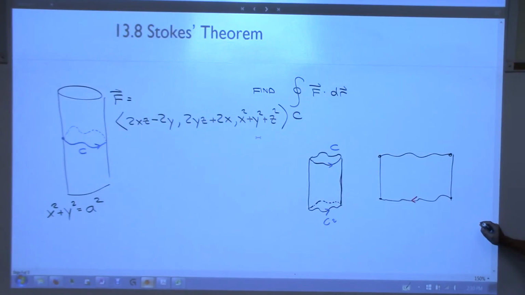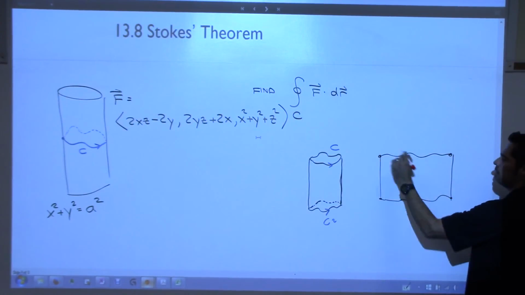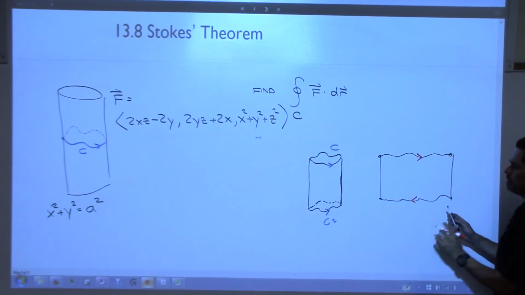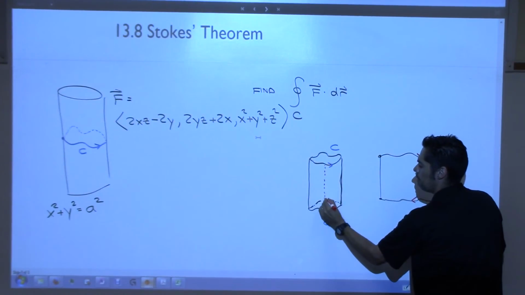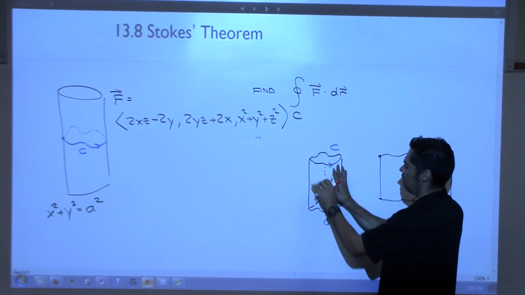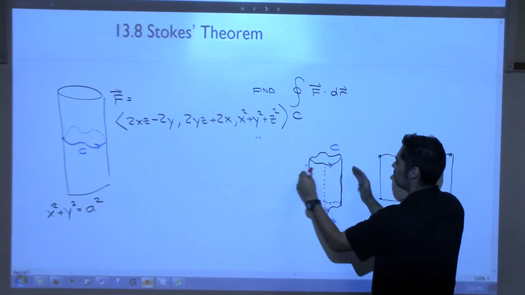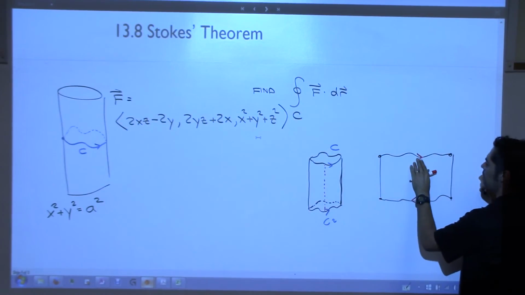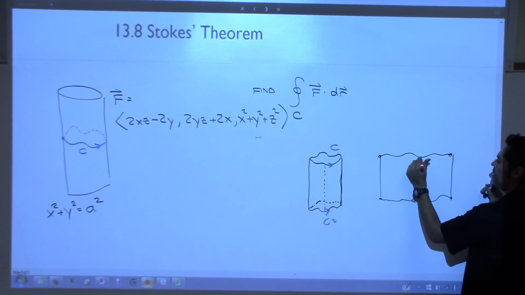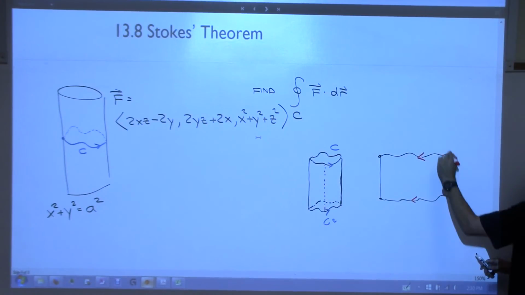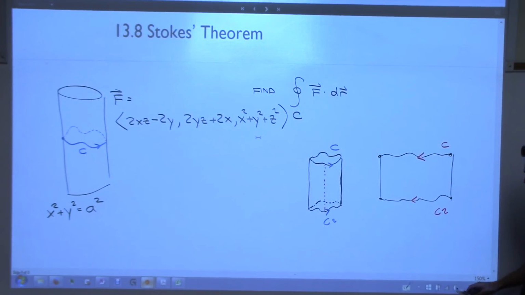Which direction is C1 in? Or C? Would it be this one? See, look, what I did is I cut it right here. I cut it, and I just laid it open like this. Right? Hold on. This one is, yeah, this direction. C and C2. All right? You with me still?